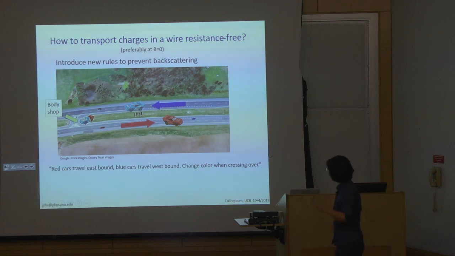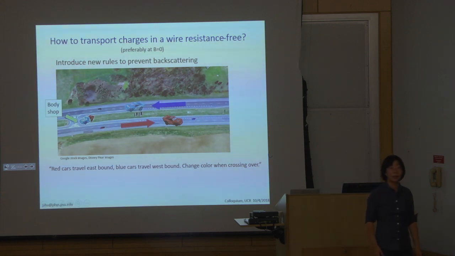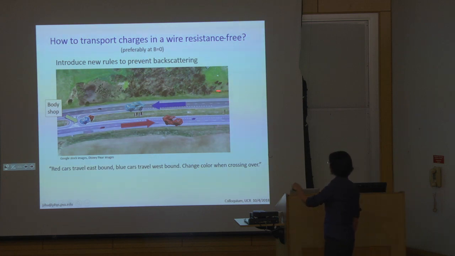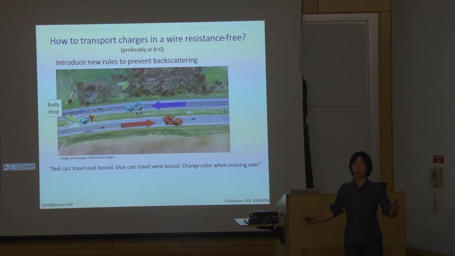So I want to sort of make an analogy. It's sort of like designing a highway system where you say cars traveling this way are all blue, and cars traveling this way all need to be red. And if you want to switch over, you have to go through a body shop and change your color. It's very artificial.